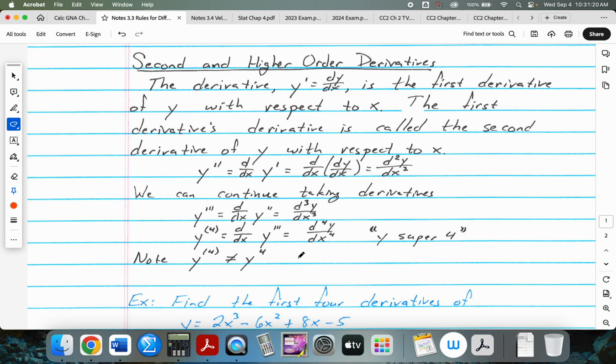But what they do is they write y, and so that it doesn't look like raised to the fourth power, they put the number in parentheses. It's read y super 4, because that's a superscript as opposed to a subscript. But that's the derivative of the third derivative, et cetera, et cetera.